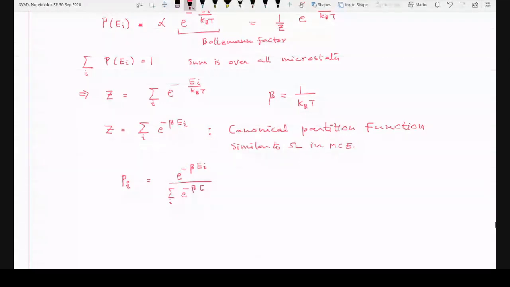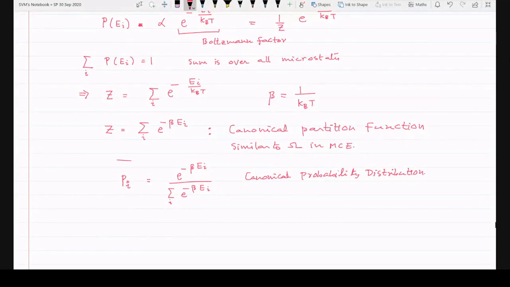This is called the canonical probability distribution. So our aim is now accomplished, that we now have an expression for the probability of a microstate.